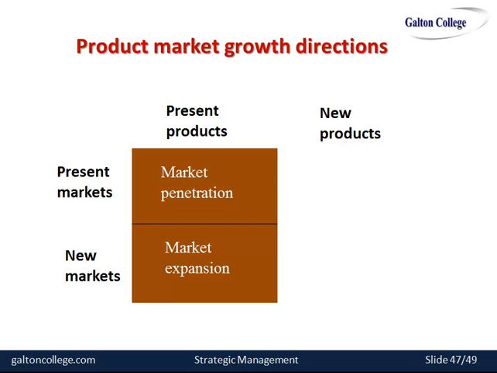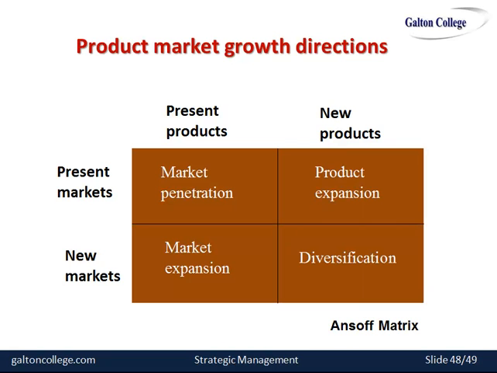That's expanding the market. So it may be that a company has a set of products domestically, and it launches those products in an international market, in a different country. That's expansion, new markets. It could be that it tries to make more of the existing products within the present markets, and it's called market penetration.